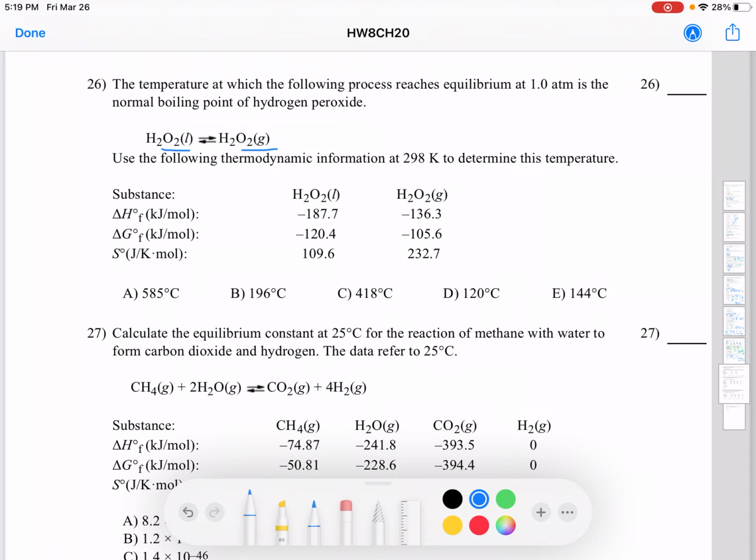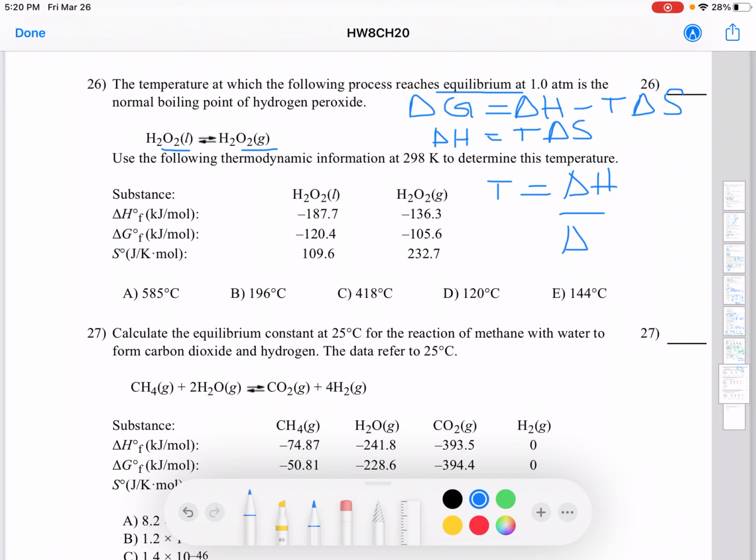Again, we're going to use the equation delta G equals delta H minus T delta S. So there is a phase change happening. When the phase change is happening, delta G is going to be 0 when it reaches equilibrium. So delta G would be 0, so then delta H equals T delta S, and the temperature would be delta H over delta S.